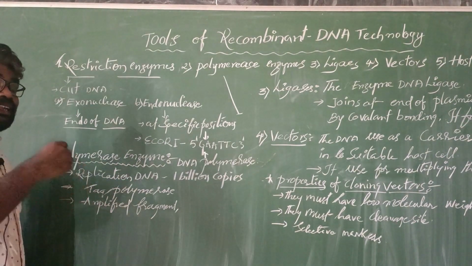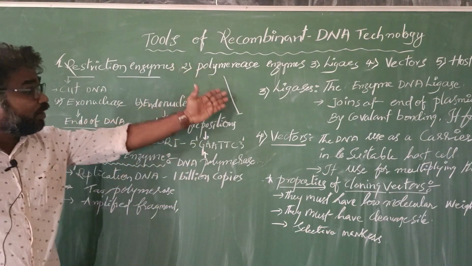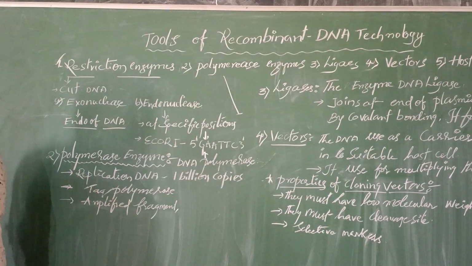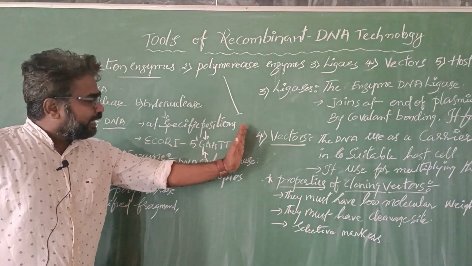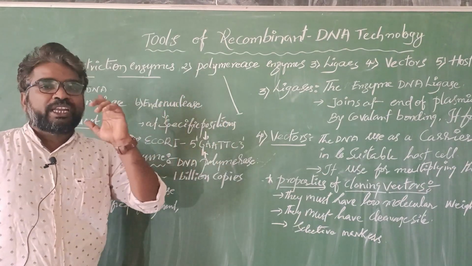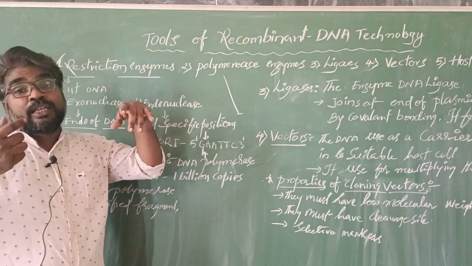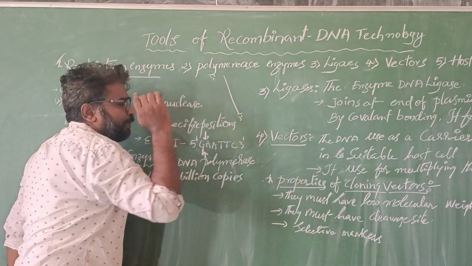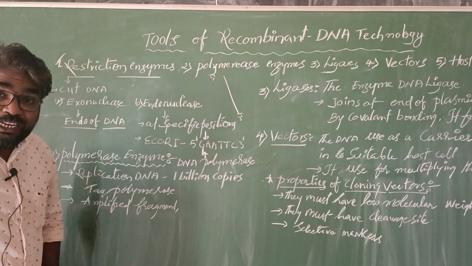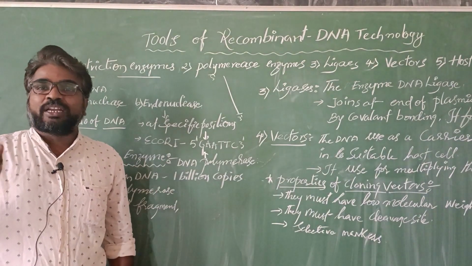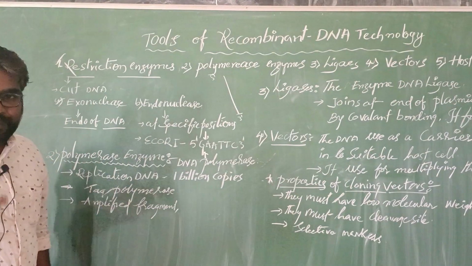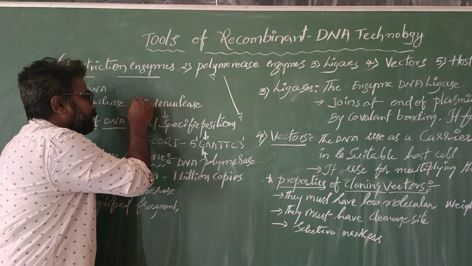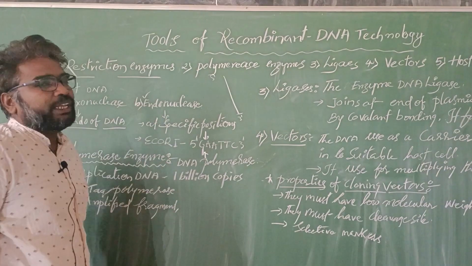It may cut the tip of the DNA, either the 5' end or 3' end. That is exonuclease. The second one, B, is endonuclease.